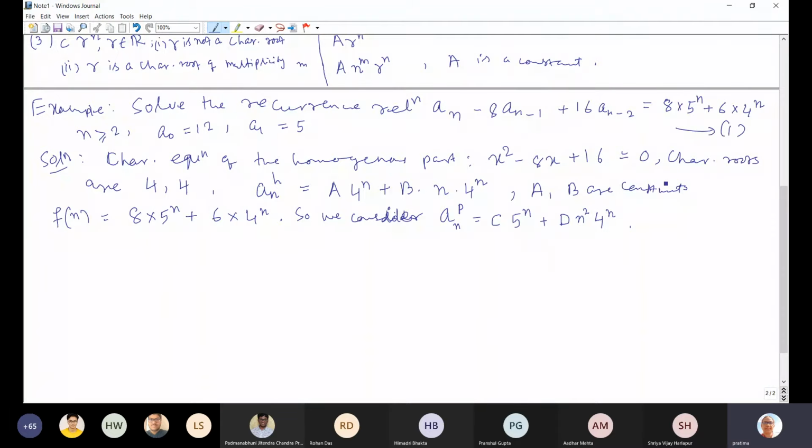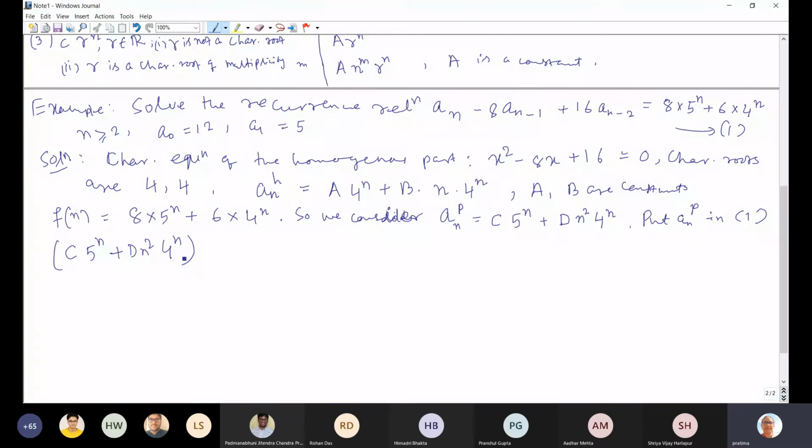So for a_n we consider C times 5 to the power n plus D n squared 4 to the power n.